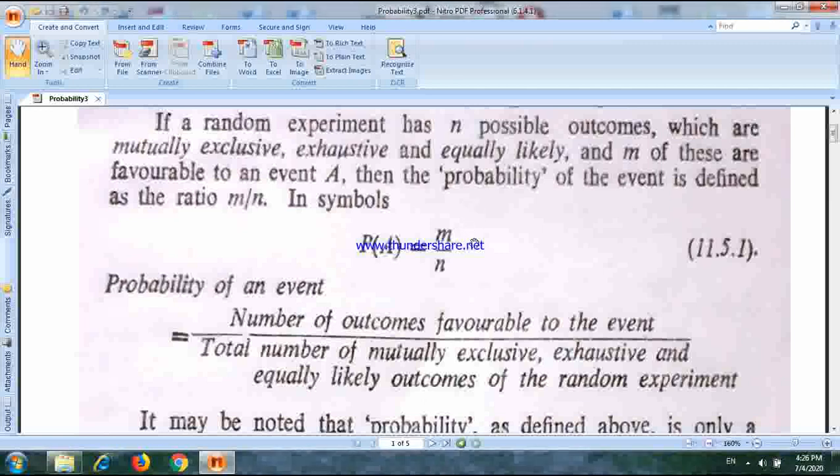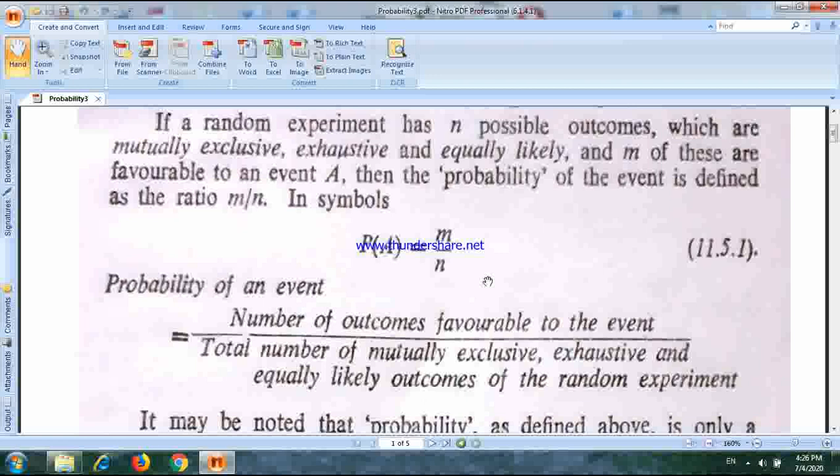Now if I declare another event B, an event can be declared with any block letter A, B, C, D, up to X, Y, Z. You can use any block letter. Now suppose I declare an event B of getting a number less than 1 when a dice is thrown. That means experiment is throwing of a dice, total number of possible outcomes n equals 6, and here how many outcomes will be favorable to B?